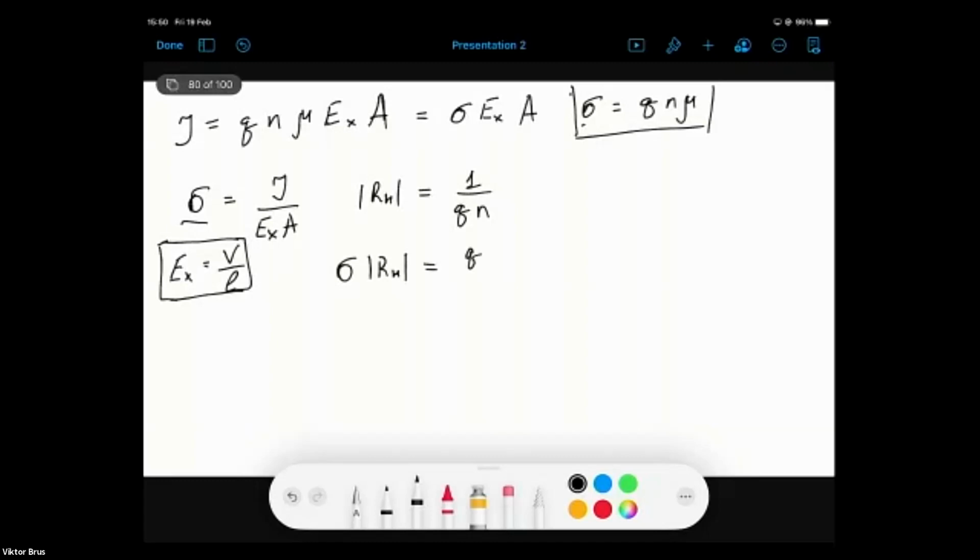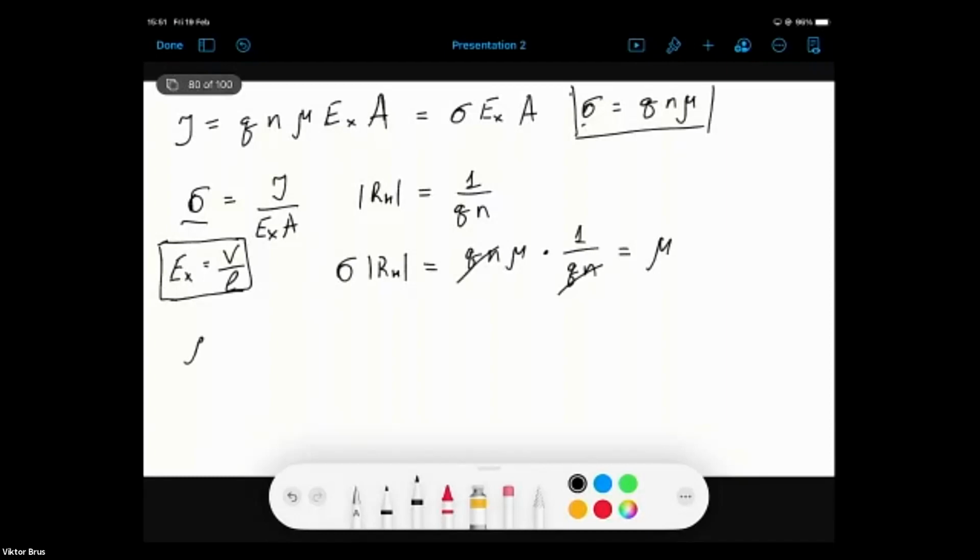It will be Q times N times mu, and then times the Hall coefficient. It will be 1 over Qn. So you see that here we cancel out Q, the product of Qn, which we have in the numerator and denominator. And eventually we get only mobility.